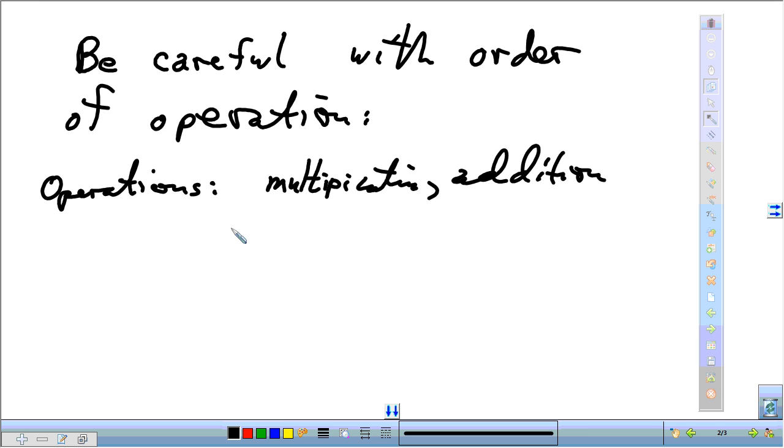So you can do addition, something like x plus y, and then we can do multiplication. So we might take 4 times this addition. When we do that, we're specifying that we add first and then multiply.